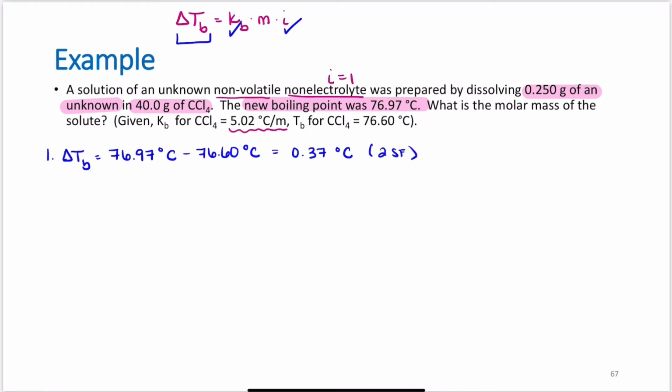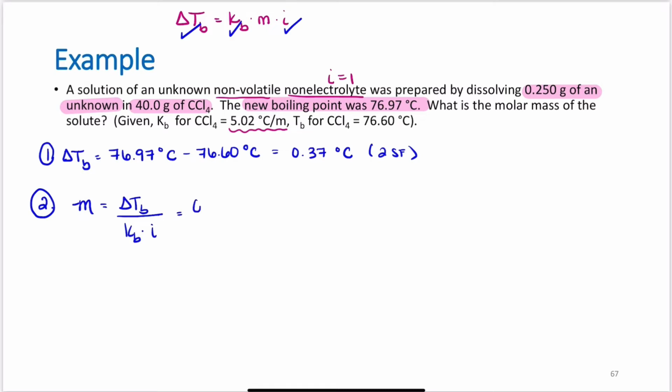Now, I also have this piece of information. I'm going to rearrange this equation and solve for molality. So step number 1 is complete. Step number 2, my molality, lowercase m, is equal to my change in the boiling point temperature divided by that constant Kb times i.